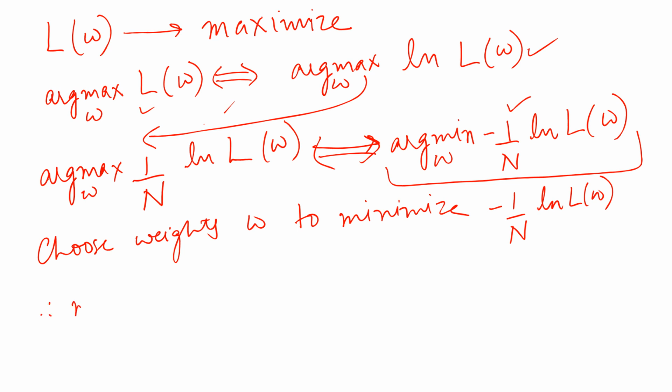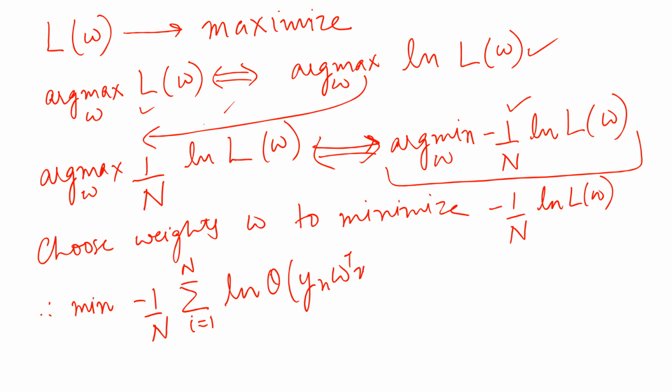So we are trying to find the min of minus 1 over n, summation over n, log of theta of yn w transpose xn. This was the original that we came up with, right?